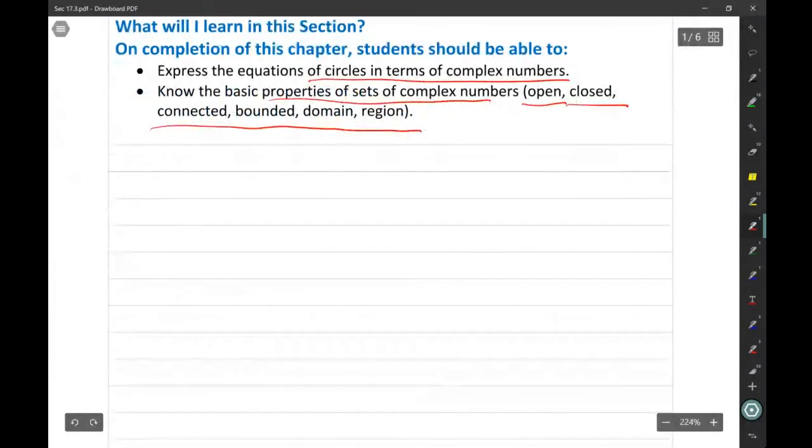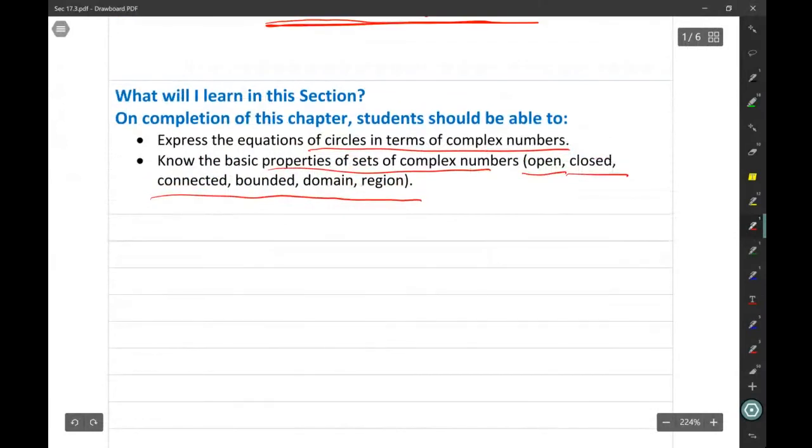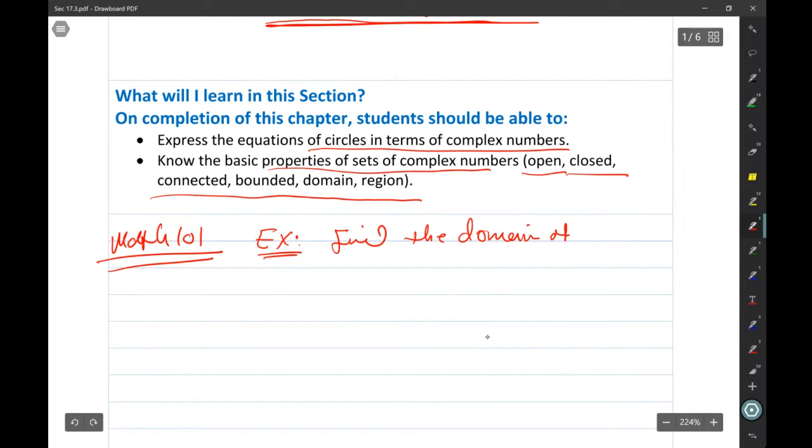It should remind you from Calculus 1, in Math 101, when I gave you this example: find the domain of the function f of x equals 1 over the square root of x minus 1. How will you find the domain in real numbers for this function?